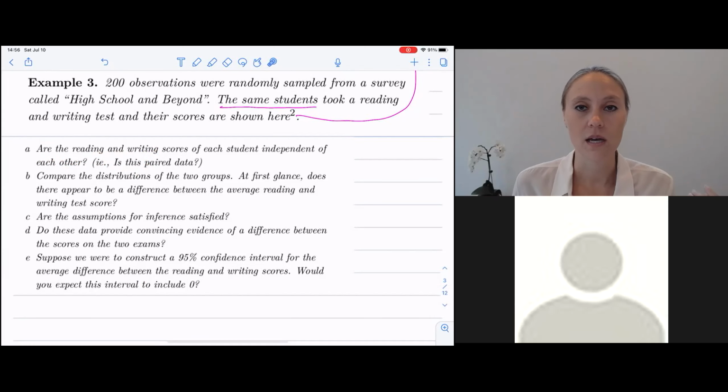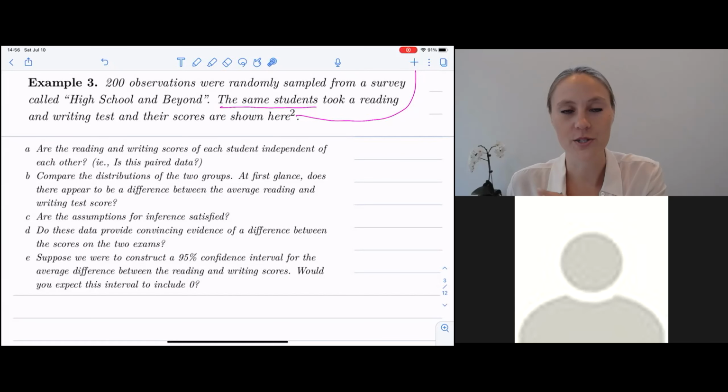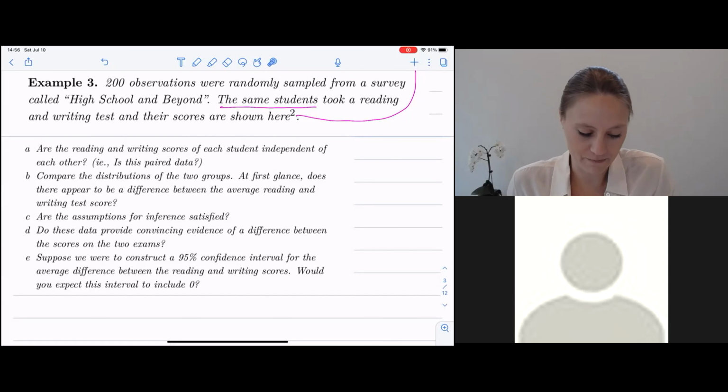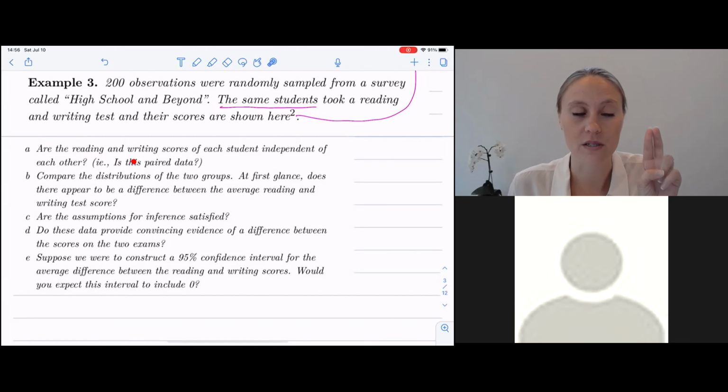Because potentially someone with high scores in reading might also have high scores in writing. That's not that big of a stretch. And someone with low scores in reading might also have low writing scores, and so we can consider them paired on each individual.